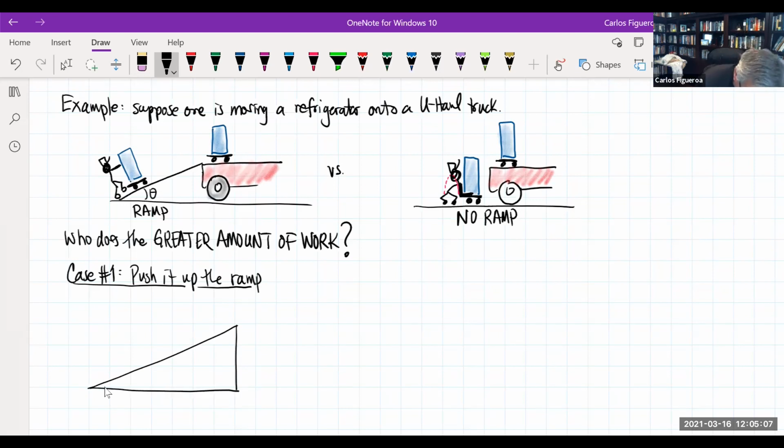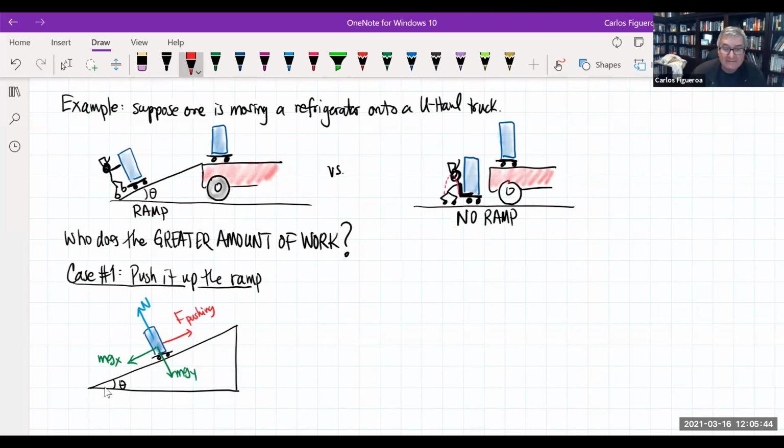And the way I set up this incline is that you could imagine I have my refrigerator right here. What am I going to do here? Well, I know that there's a series of forces. Of course, there's the force of mg and the normal force, and of course, the force that's being done, the pushing force.